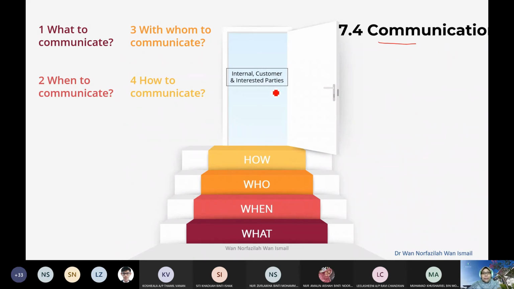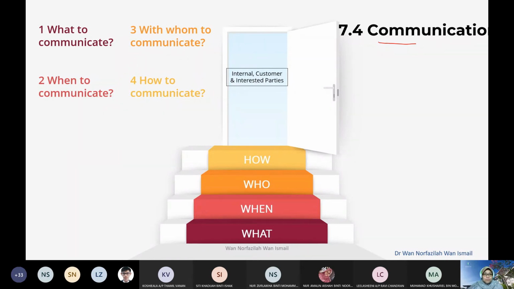Okay, kalau lab, semua person in charge, semua lab assistant, technical staff, internship students, you as a lab manager, okay, you need to know how to communicate with all those internal parties. And then how to communicate with the customer. And the last one, interested parties, the 7 interested parties, remember? So communication between these internal and interested parties. Okay, you need to consider 4 things.